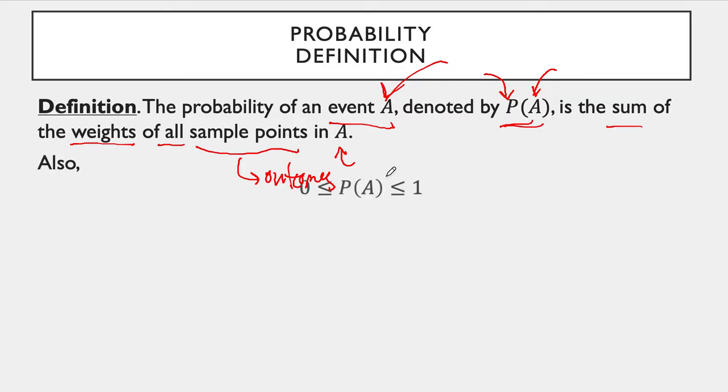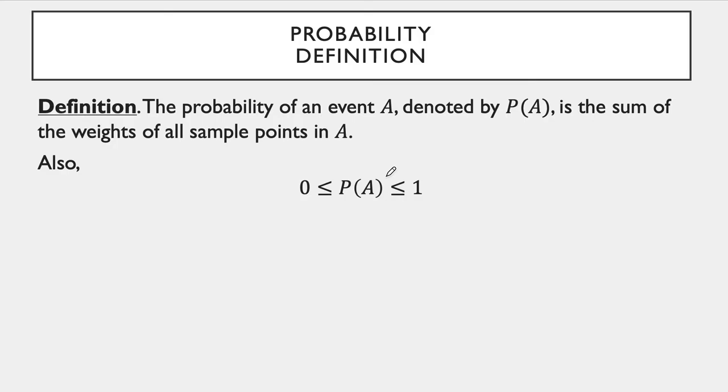We also say that the probability of A can only be between 0 and 1 inclusively, including 0 and 1. If we have a 0, we call that an impossible event, because if you convert this to percentage, this is 0%, so it's impossible to happen.